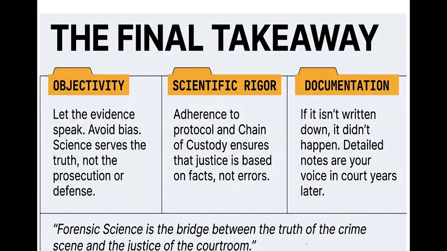Documentation is very important. If it isn't written down, it didn't happen. Detailed notes are your voice in court years later. If you have all the details written down, signed, and properly saved, that will help you many years later, if this investigation reopens.